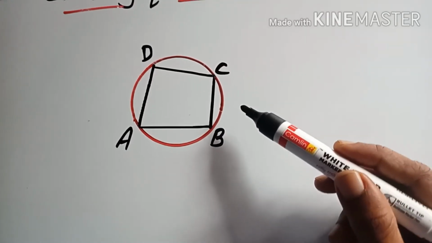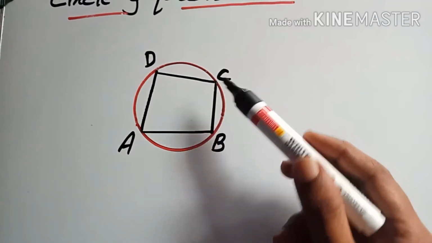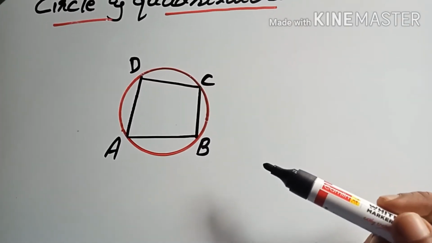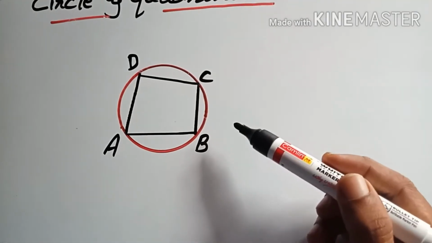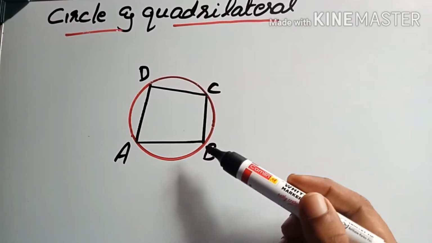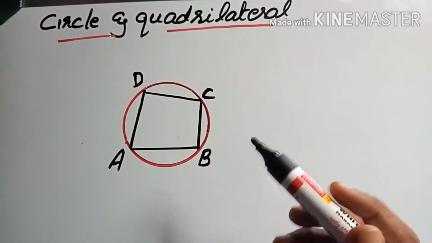Cyclic quadrilateral means all the vertices must be on the circle. So A, B, C, D are on the circle. Now we need to prove that any outer angle of this quadrilateral is the same as the inner angle at the opposite vertex. So we need an outer angle here.